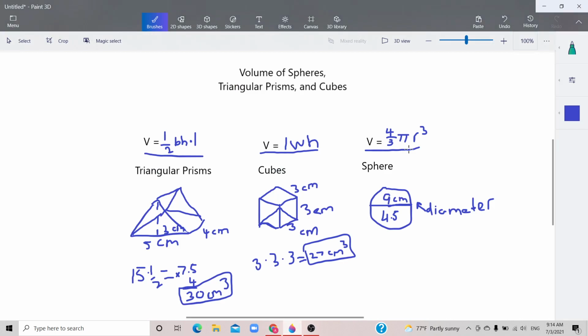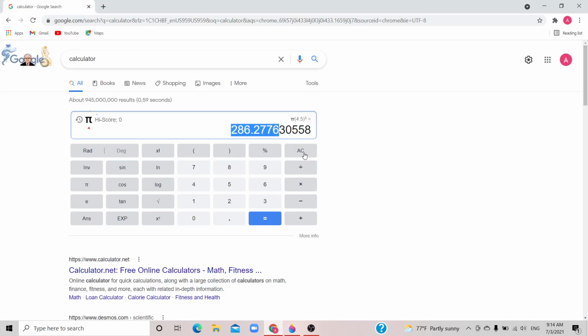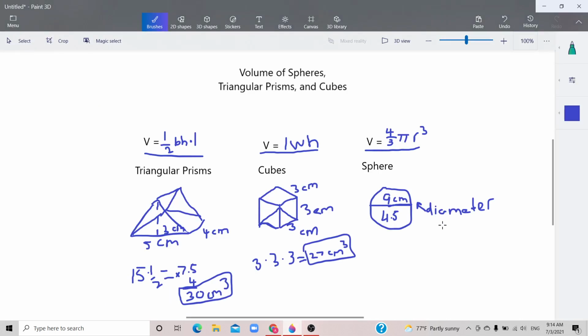But we also have to multiply by 4/3. So we multiply by 4, and then we divide by 3. And we get 381 and all of these numbers. But we're going to round to the nearest hundredth place. And we get 381.70.